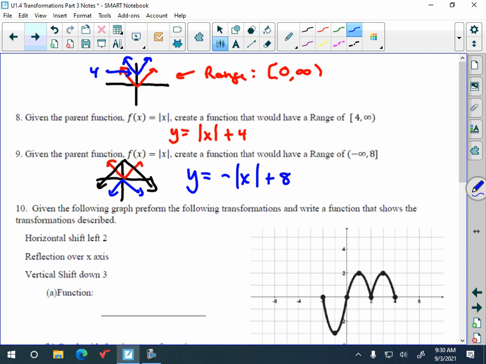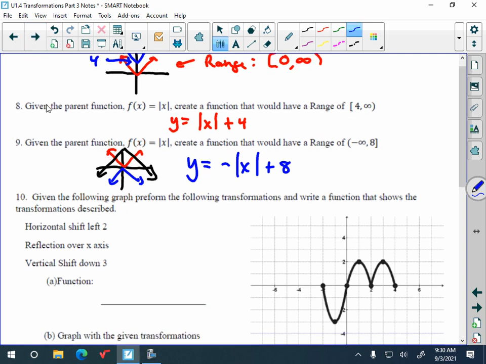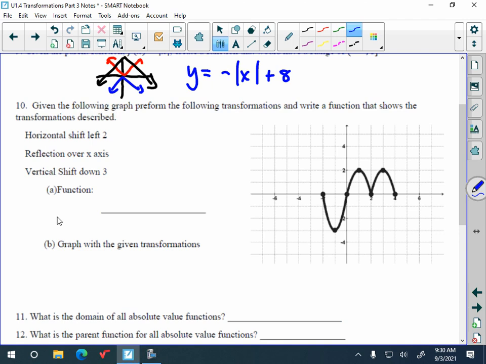All right, number 10. Given this general parent function graph, similar to one that we did on the homework the other day, instead of making an XY table and plotting points, I want to see if you can do all 3 of these transformations for all 7 points without a table.